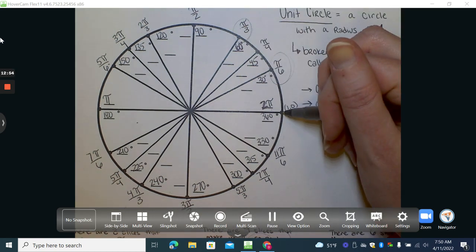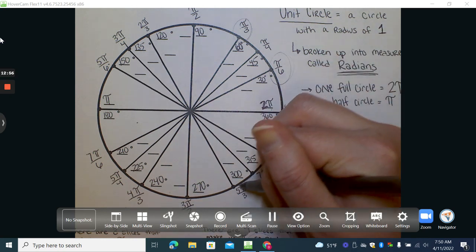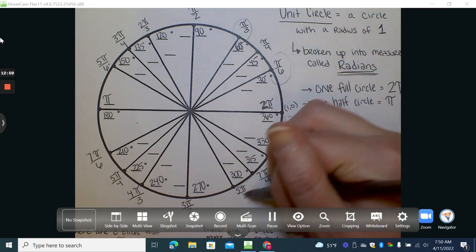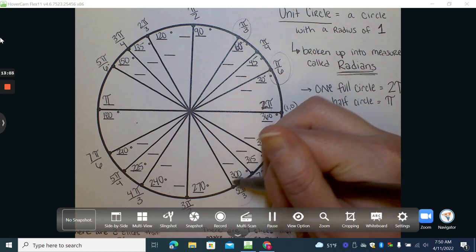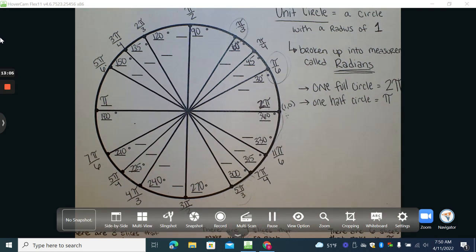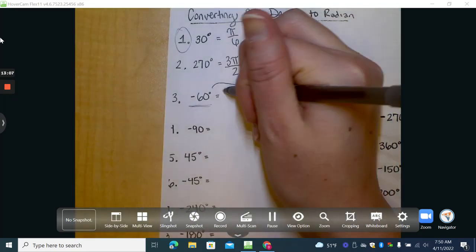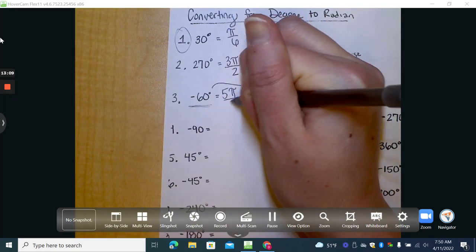So I want to go negative 1/3, which actually negative 60 degrees, 360 to 300, lands me at 5 pi over 3. So my answer for this one is 5 pi over 3.